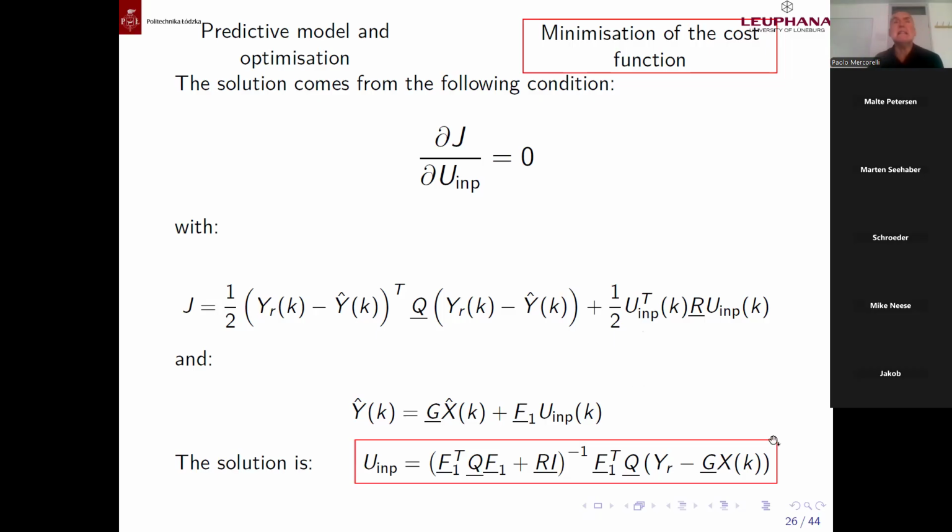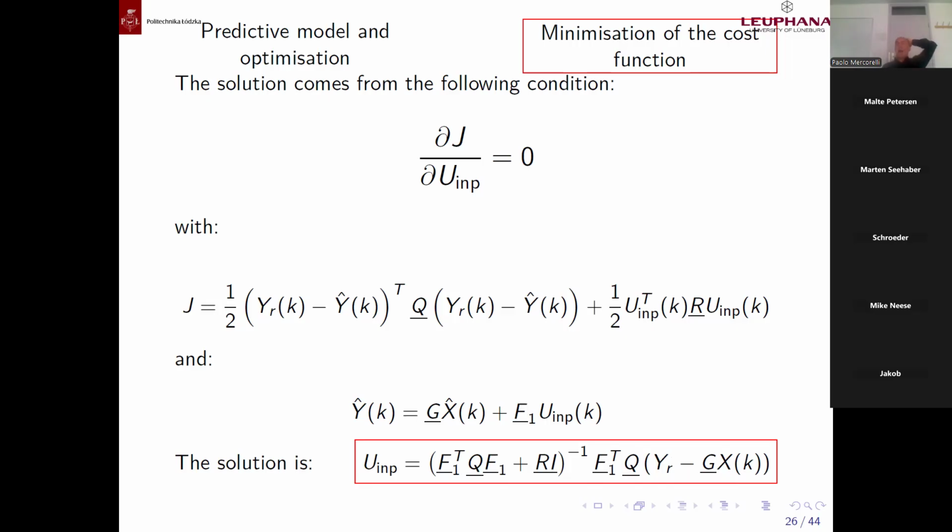This is the analytical solution which I didn't demonstrate in detail, but you can find it in any literature. We can see that it depends on the predicted error, weighted by this relatively complex part.